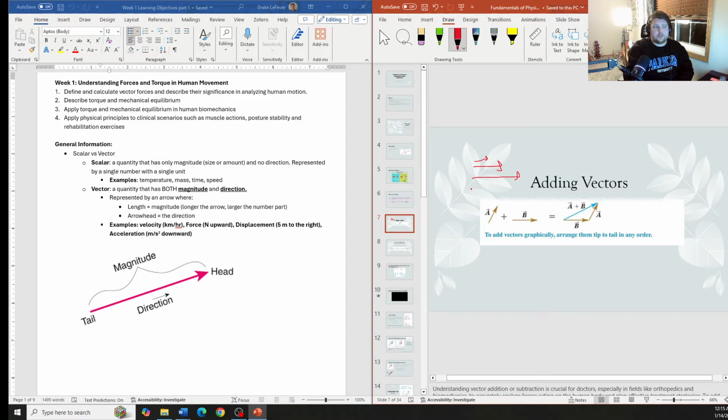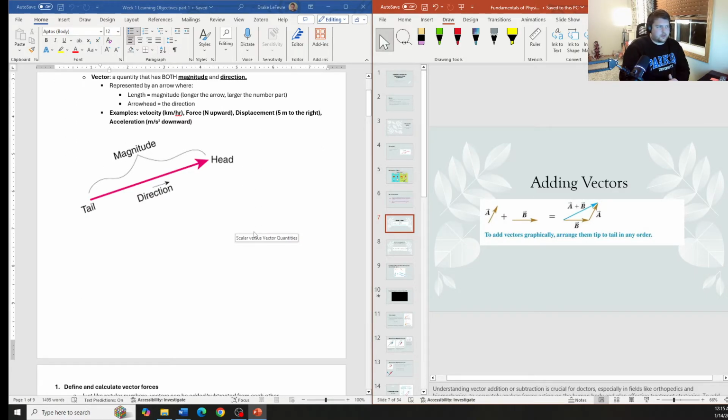There's a value of 3, a value of 4, and so on. It's all relative. You draw the vector relative to whatever it is that you are specifically doing, but that's what the length of the vector represents. Now, the actual arrowhead represents the direction: north, upward, to the right, downwards, whatever direction we're actually moving.